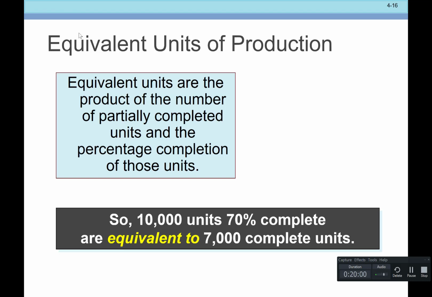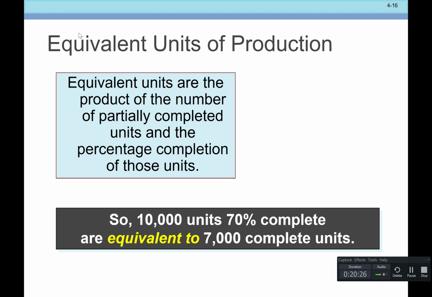Then we would consider that equivalent to 7,000 complete units, even though we've got enough stuff out there for 10,000 units at that point in time. We would count those as though they were 7,000 units since we're 70% done with them. So pretty easy calculation to convert into equivalent units.